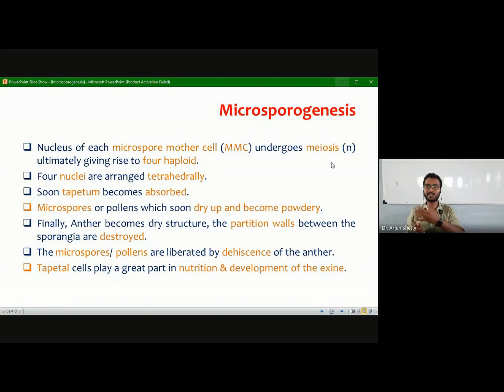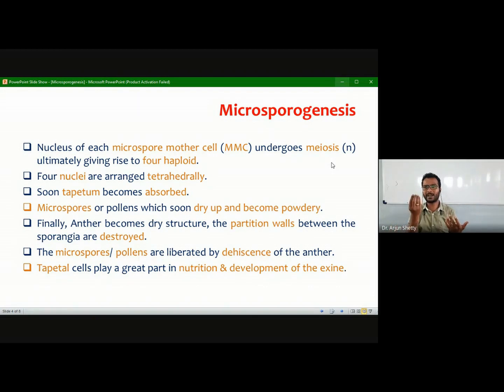So when the tapetum loses its existence, there is no nourishing layer. The microspores are mature enough that they can be expelled from the sporangia and go in search of the female gametophyte.